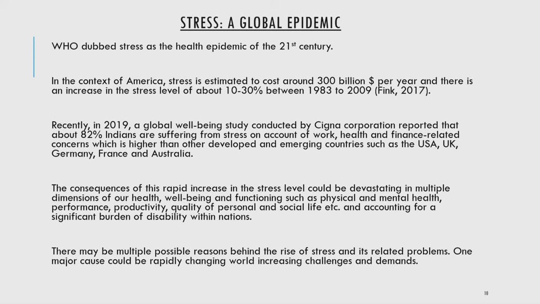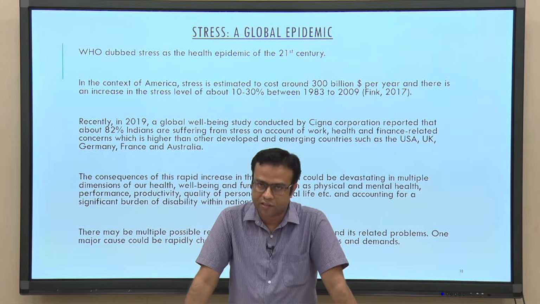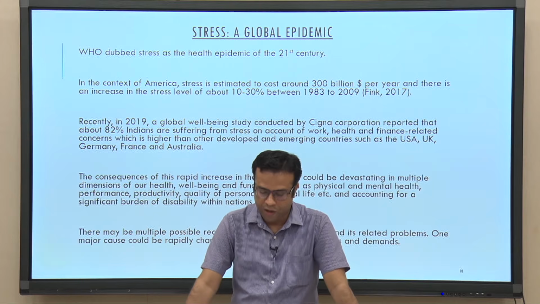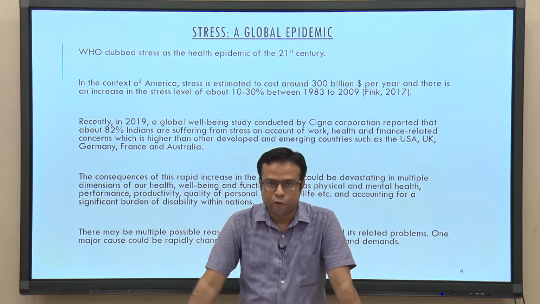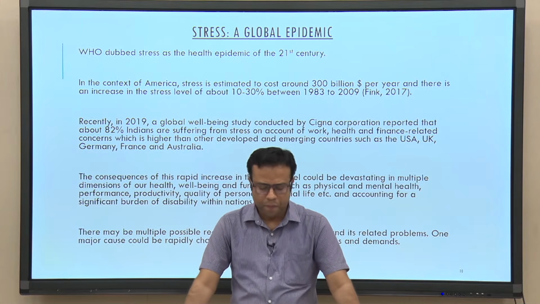At present, as we know, COVID is a pandemic, a global phenomenon. Similarly, stress is a global phenomenon and it is rising everywhere. It is not just a local phenomenon. That is why it is dubbed a global epidemic, because its influence can be seen everywhere.